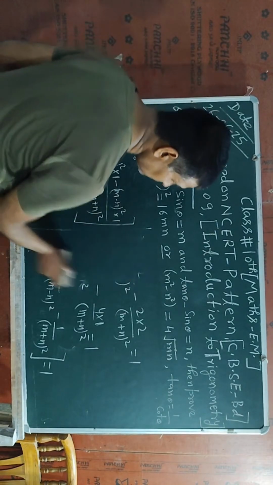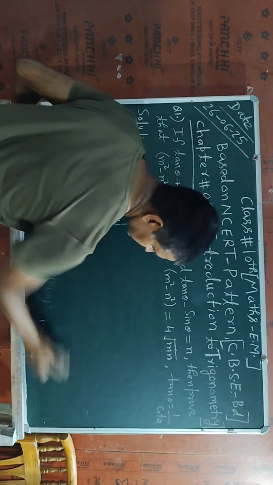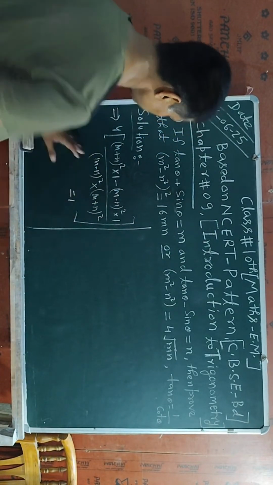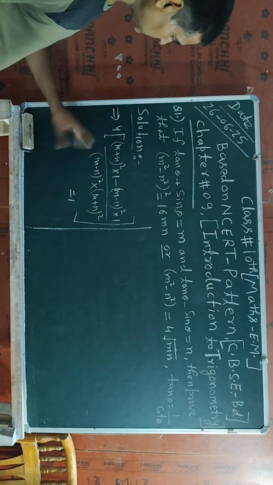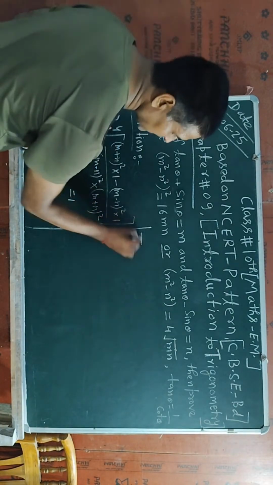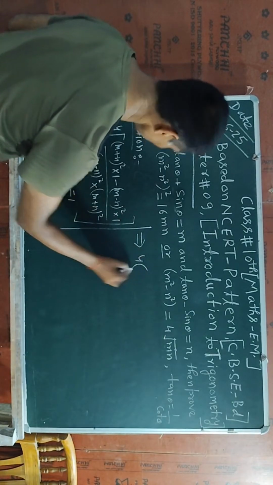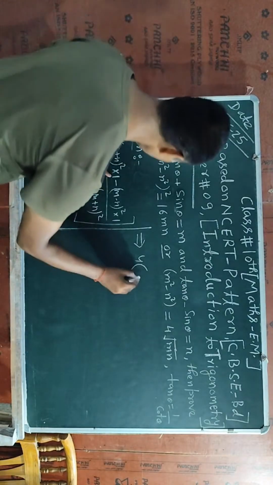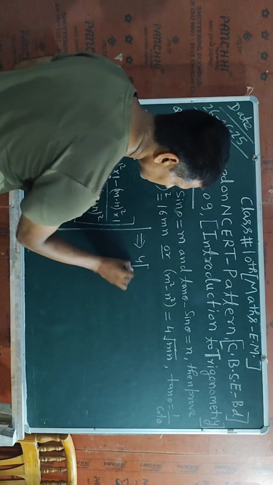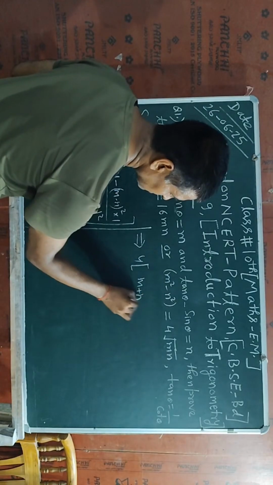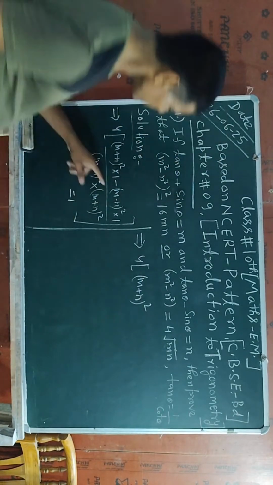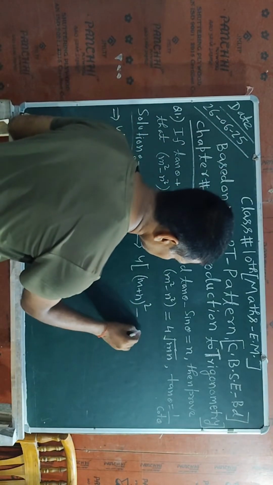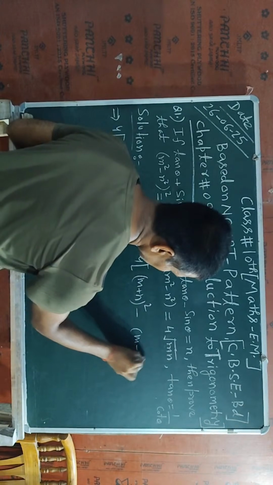So for writing good information I am going to erase right hand side data, and after erasing right hand side data I will write good information. So here I will imply that 4 into, here student you see (m plus n) whole square into 1, that will be equal to (m plus n) whole square. Okay, now here (m minus n) whole square into 1, that will be equal to (m minus n) whole square.